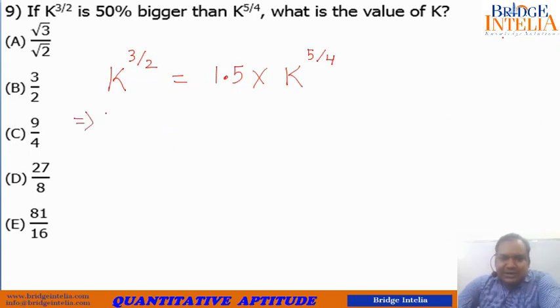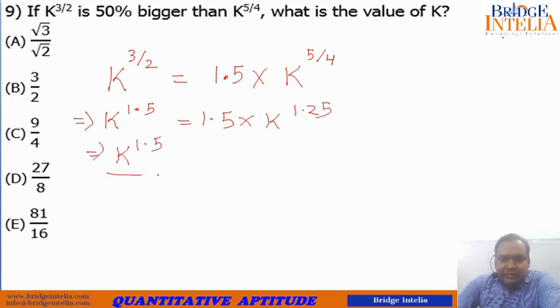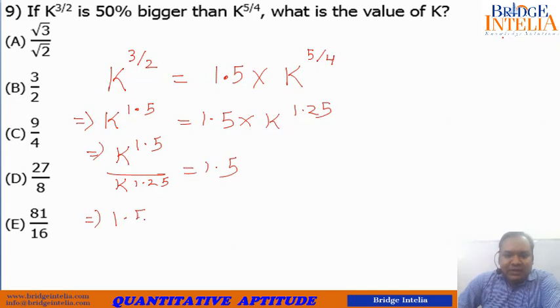So let's rewrite this. It is given to us that k to the power 1.5 is equal to 1.5 into k to the power 1.25. So from here you can conclude that k to the power 1.5 divided by k to the power 1.25 is equal to 1.5. So from here you can see that 1.5 is equal to k to the power 1.5 minus 1.25, or equal to k to the power 0.25.